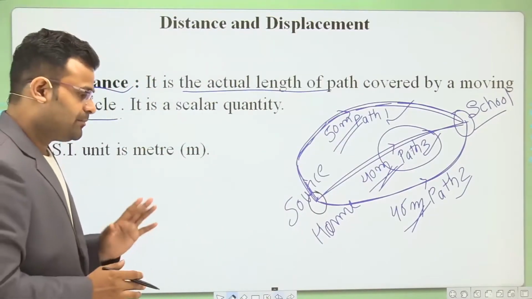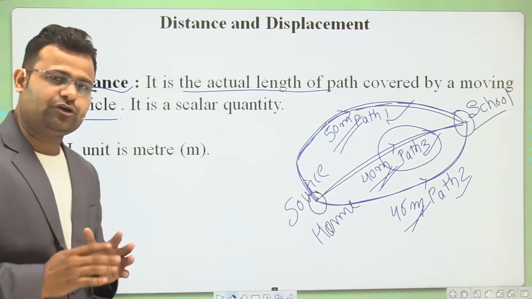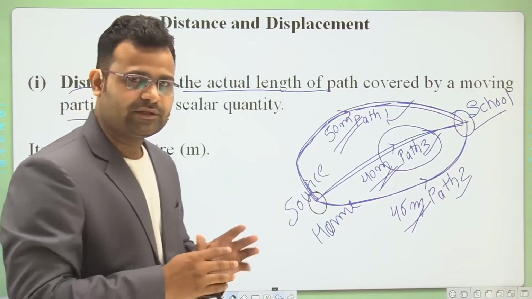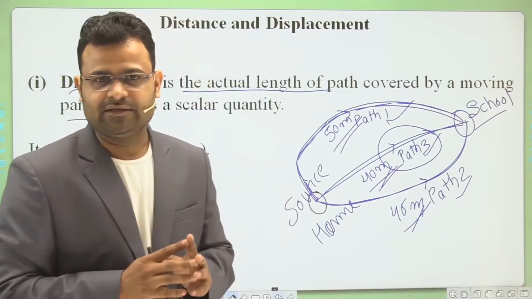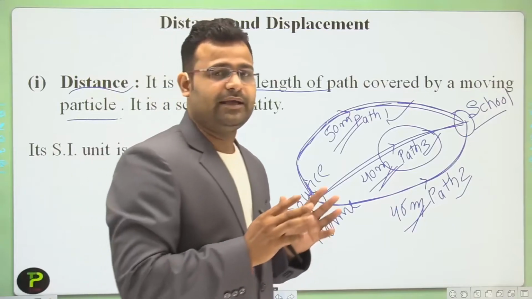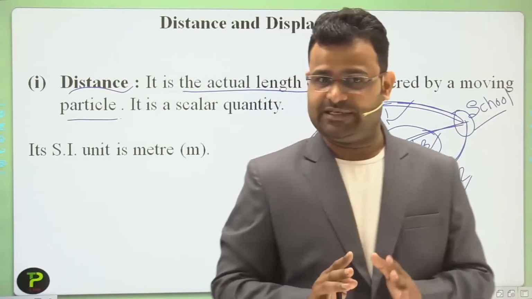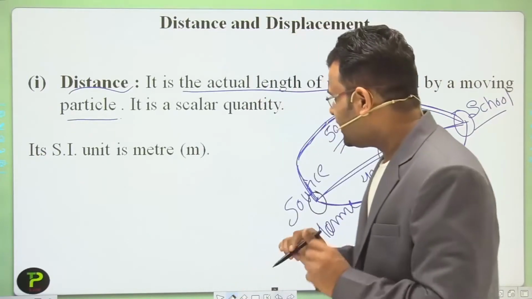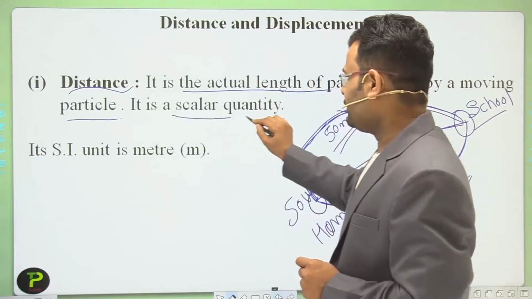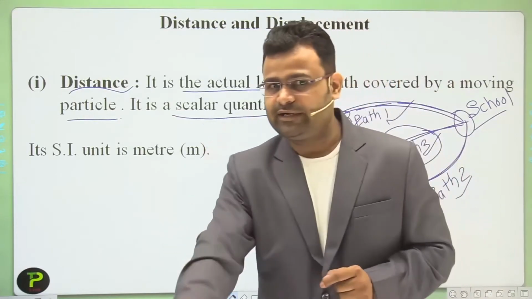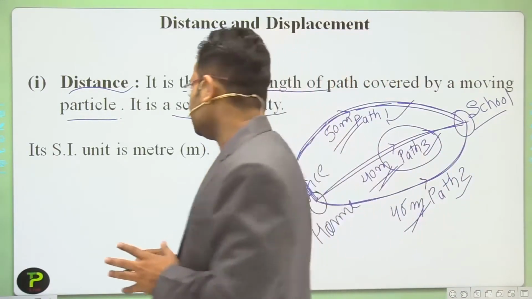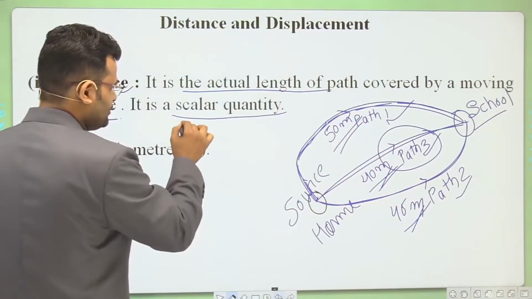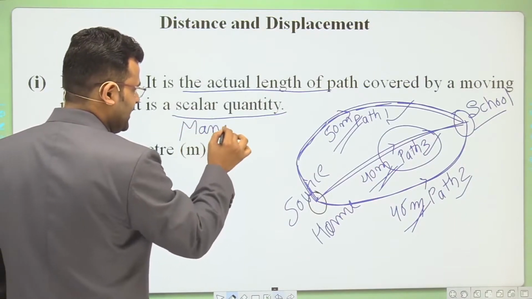Okay. Now, dear student, when you start moving, the measurement will start. The path length covered by an object is a distance, and distance is a scalar quantity. What do you mean by scalar quantity, dear student? Scalar means it has only magnitude.